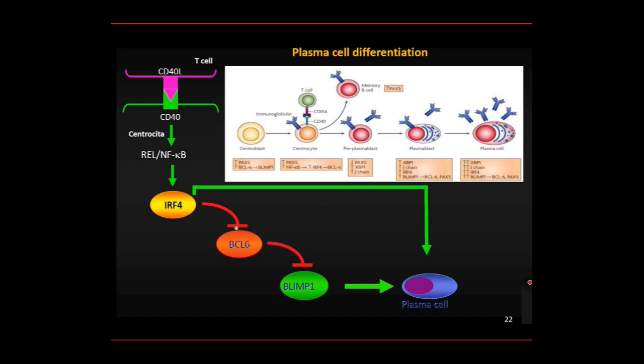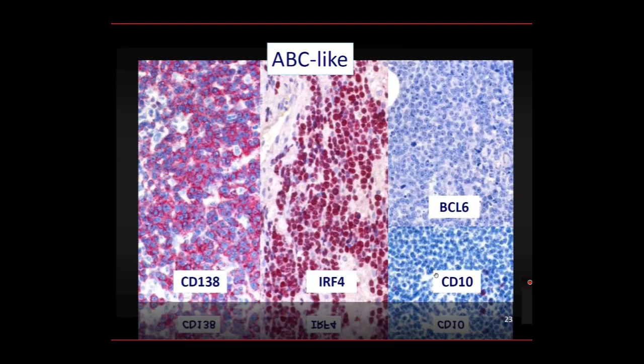IRF4 will in turn repress BCL6, so cells will be free to express BLIMP1 and become plasma cells. So we can study IRF4 as a sign of differentiation outside germinal center, and we can see that IRF4 and the plasma cellular marker CD138 are positive in ABC-like diffuse large B-cell lymphoma, while BCL6 and CD10 are negative.